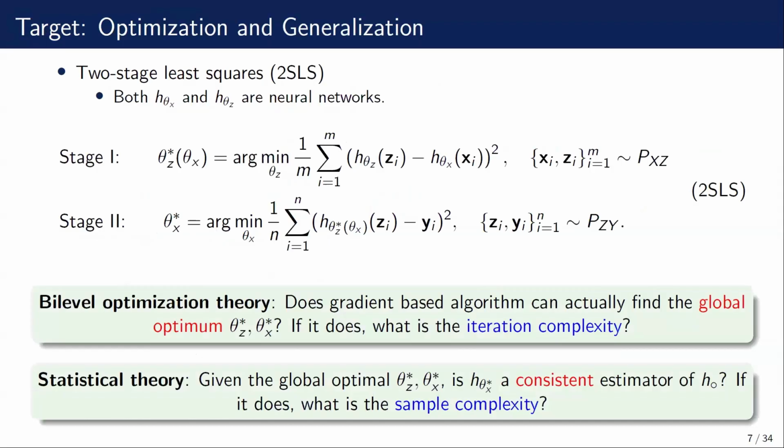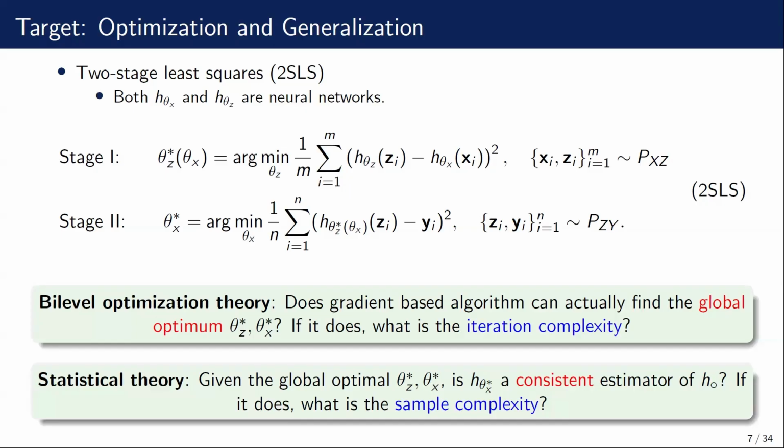Okay, so the target of this talk is we want to parameterize, we want to use neural networks in our regression problem because we know neural networks work very well in practice. So now, just recall the two-stage problem. The target of this talk is we want to study two aspects of neural networks in this problem setting. The first aspect is the optimization aspect.